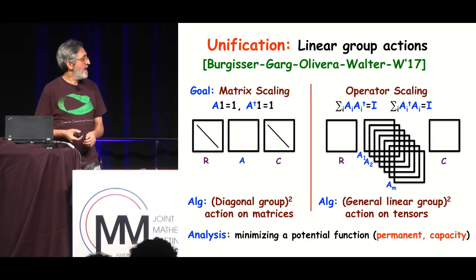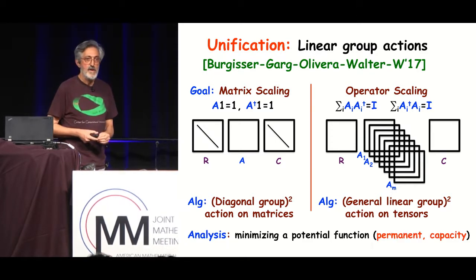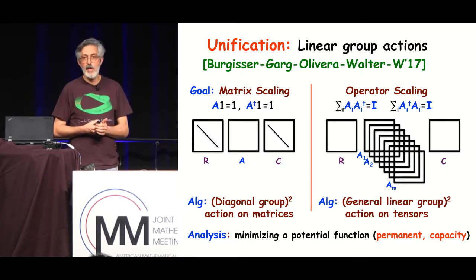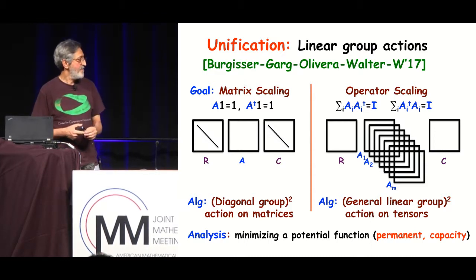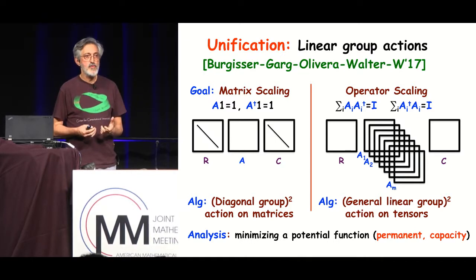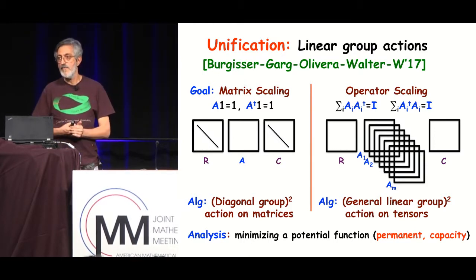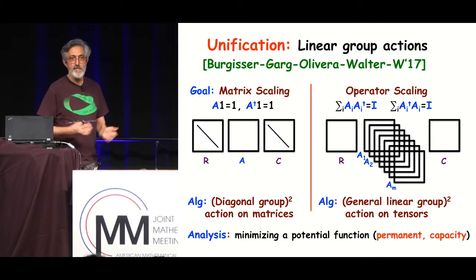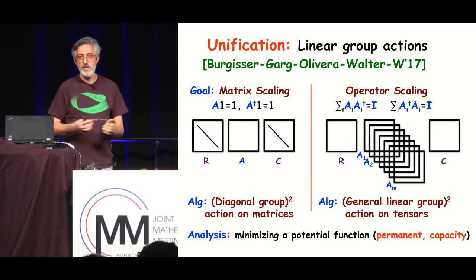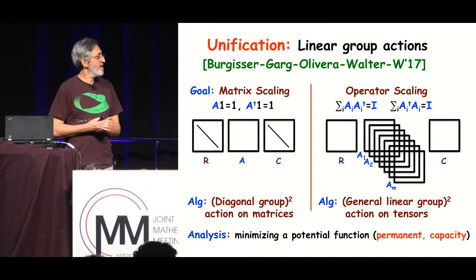And the analysis of these algorithms were based on trying to understand how some potential function was being minimized or maximized. Anyway, the analysis had optimization in it. What I'm going to do now is switch the goal and the analysis. I'm going to start from the analysis as a goal. Suppose we wanted to optimize some function, a very natural function, on an orbit of some group action.